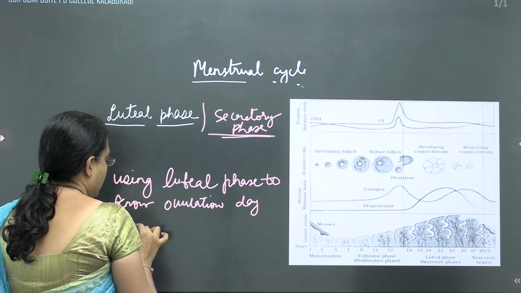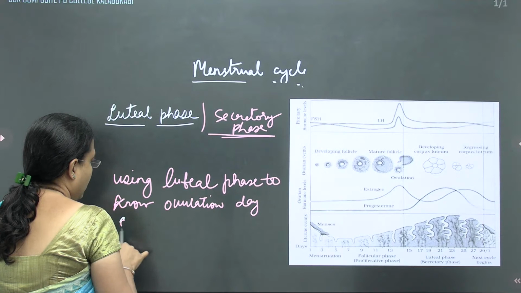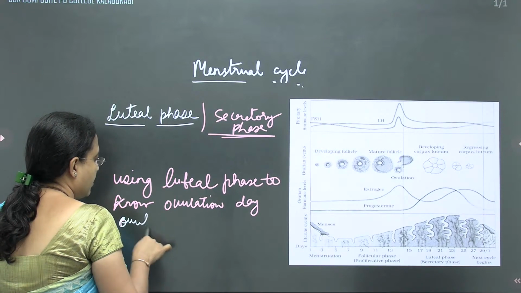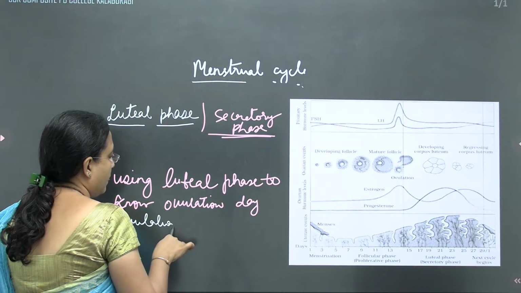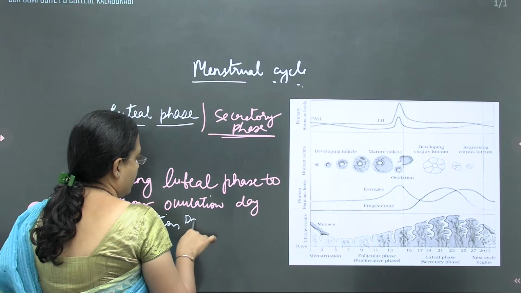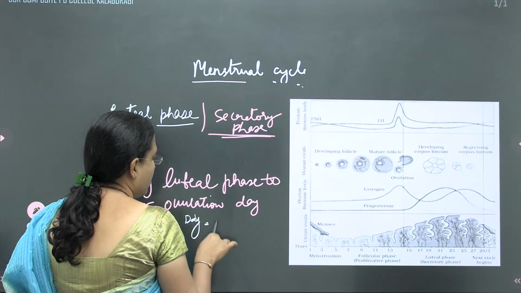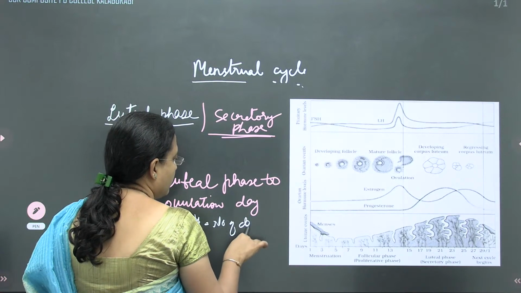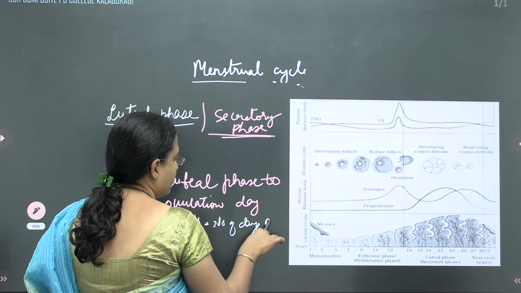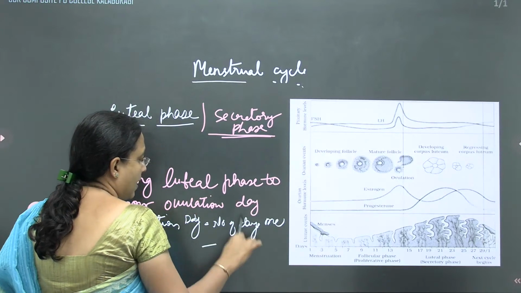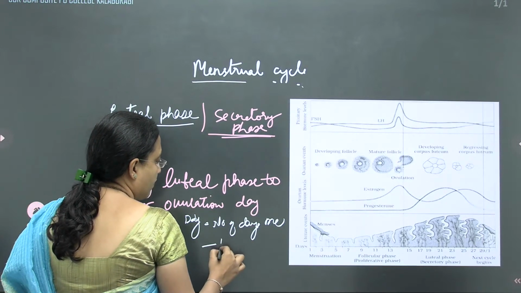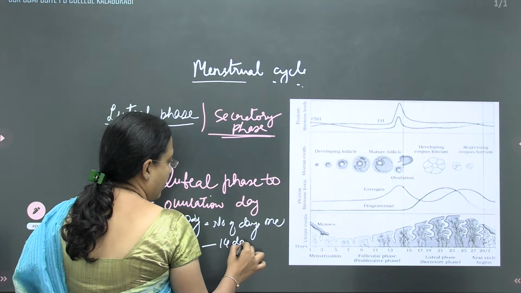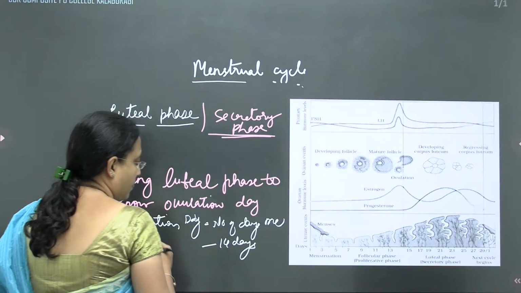That means ovulation day is equal to the number of days in the menstrual cycle minus the luteal phase days, say 14 days.